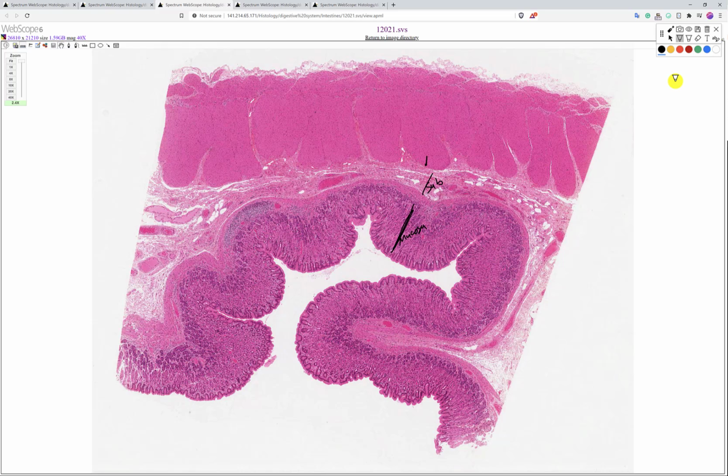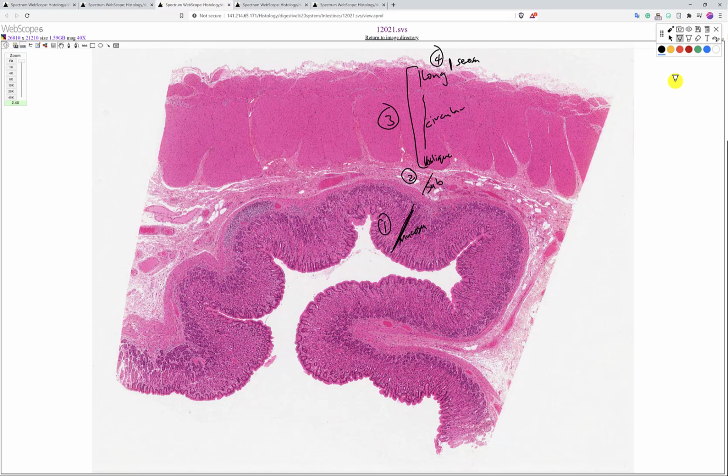Here there should be the oblique, then we have the circular, and lastly we will have the longitudinal, and above it we will have the serosa. So the mucosa is 1, the submucosa is 2, the muscularis layer is 3, and the serosa is 4. So these are the 4 layers of the wall of the stomach.